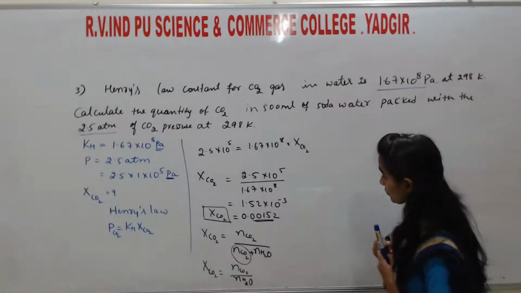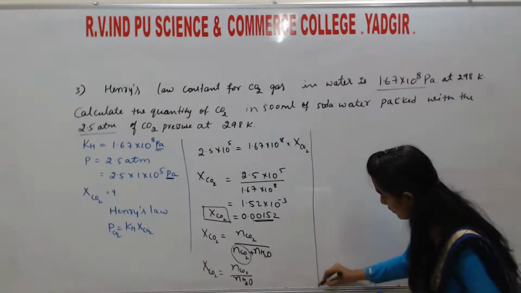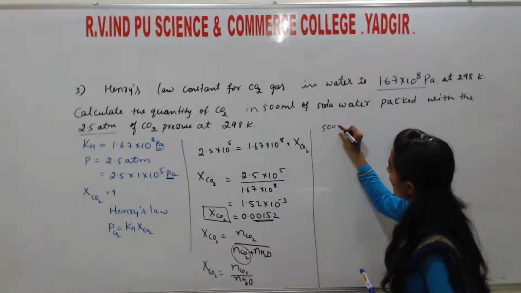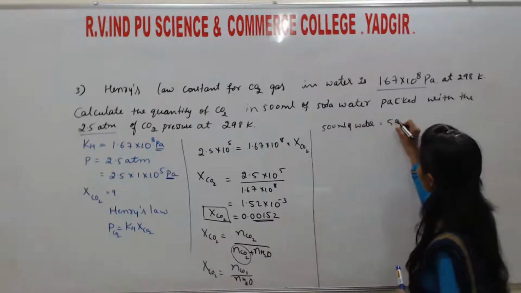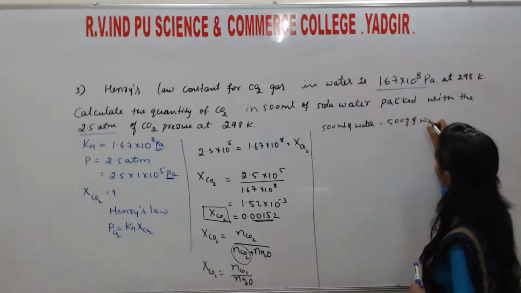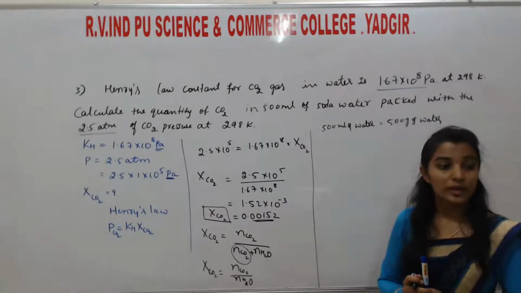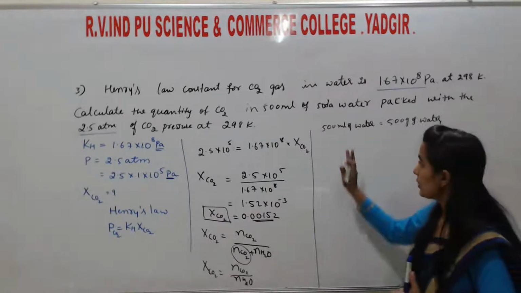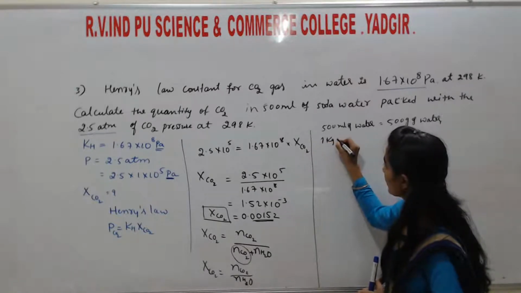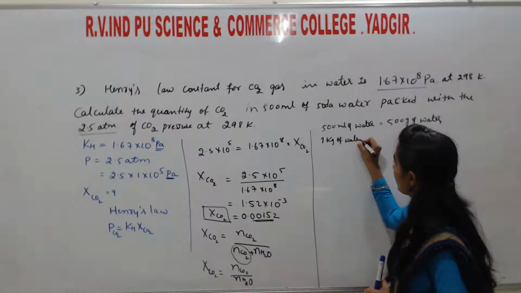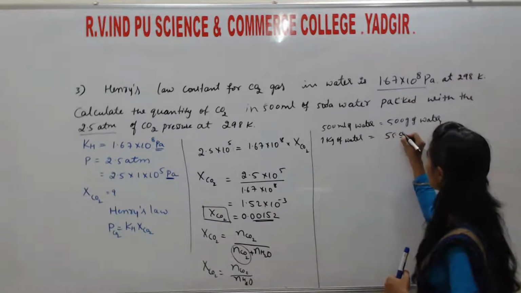As I calculated in the last class, 500 ml of water means 500 gram of water. This is an assumption. We know that in 1 kg of water, the number of moles is 55.5.